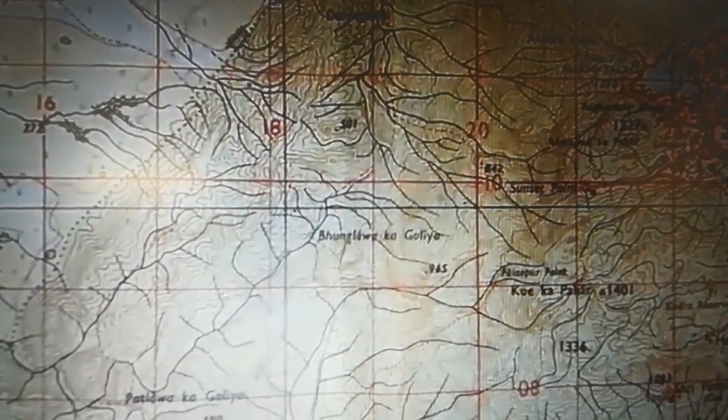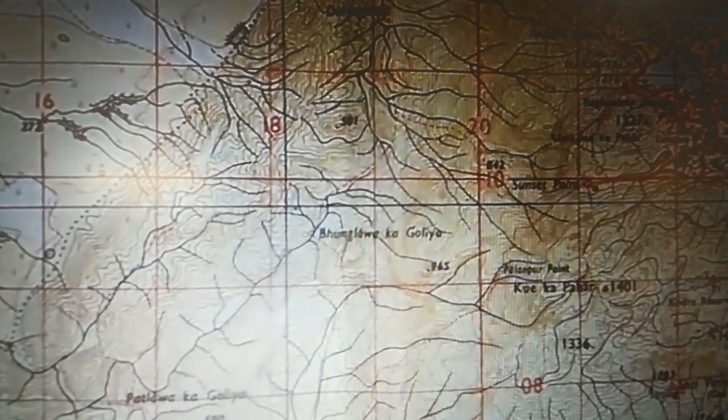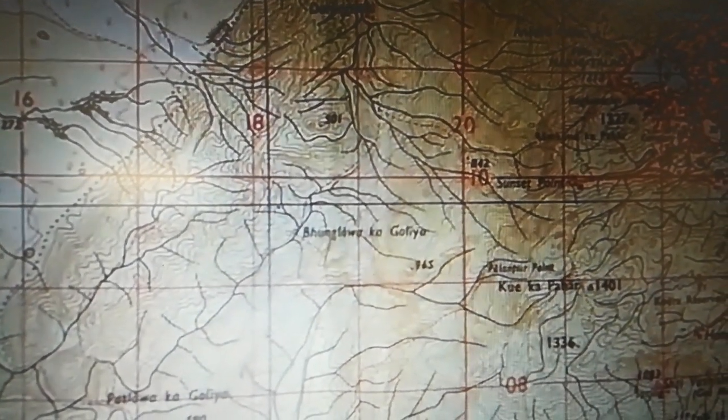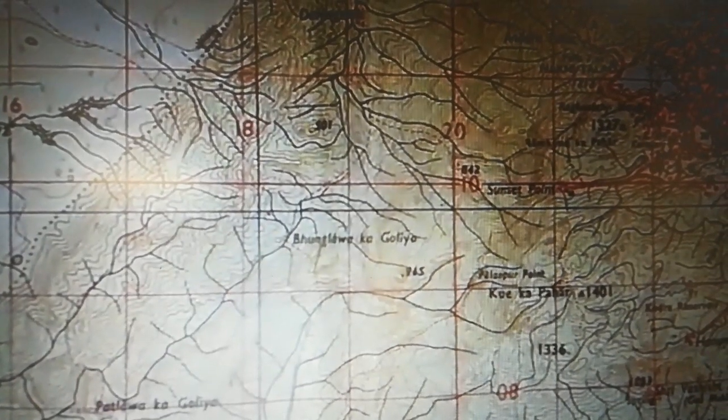Now, I will explain how we find a conical hill. Here, you can see that these brown color lines are contour lines. Here I am going to show a conical hill.